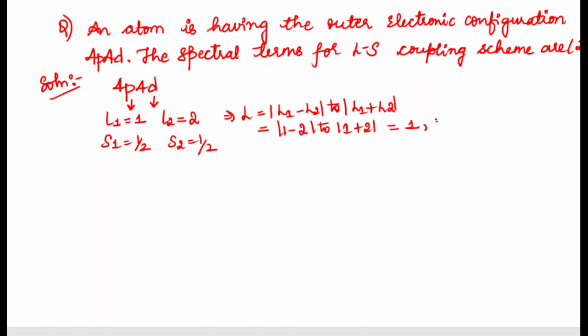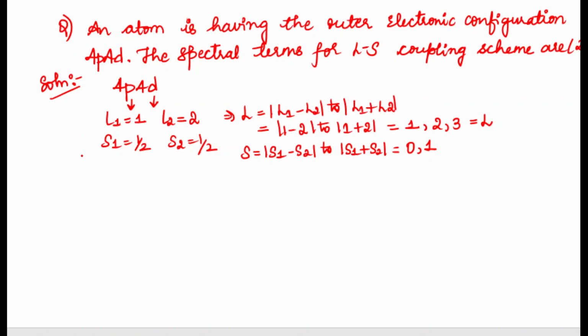So I can write the values of L as 1, 2 and 3. Now similarly, what is the S value? S value is S1 minus S2 to S1 plus S2. So S1 minus S2 is 0. S1 plus S2 is half plus half, it is 1. So you will have the values 0 and 1.